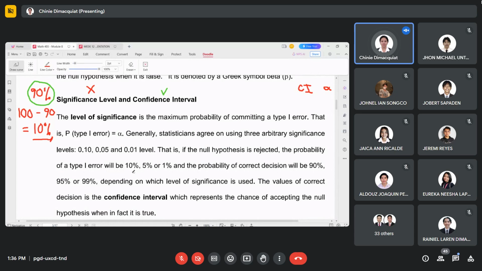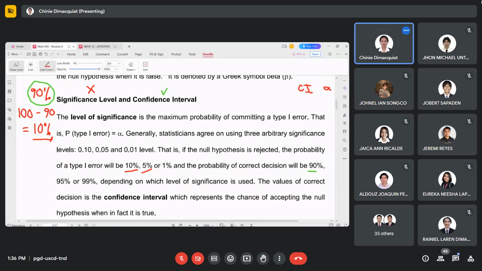So, if 10% yung probability of a type 1 error natin, therefore, yung corresponding probability of correct decision will be 90. Kung mapapansin nyo, kapag pinag-add nyo to, 100 lang naman yun. Then, if 5% yung ating probability of committing a type 1 error, then yung corresponding probability of correct decision will be 95.